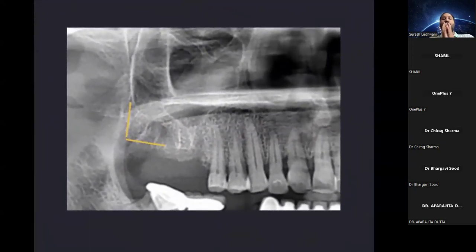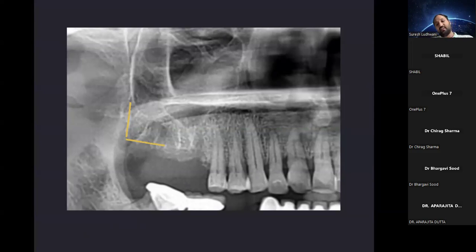Now, you need to draw two lines. The first line is your alveolar bone plane, that is your horizontal line. The second line which you need to remember is at the end of the pterygoid tuberosity region, and draw a perpendicular line above it, a single linear line going there.